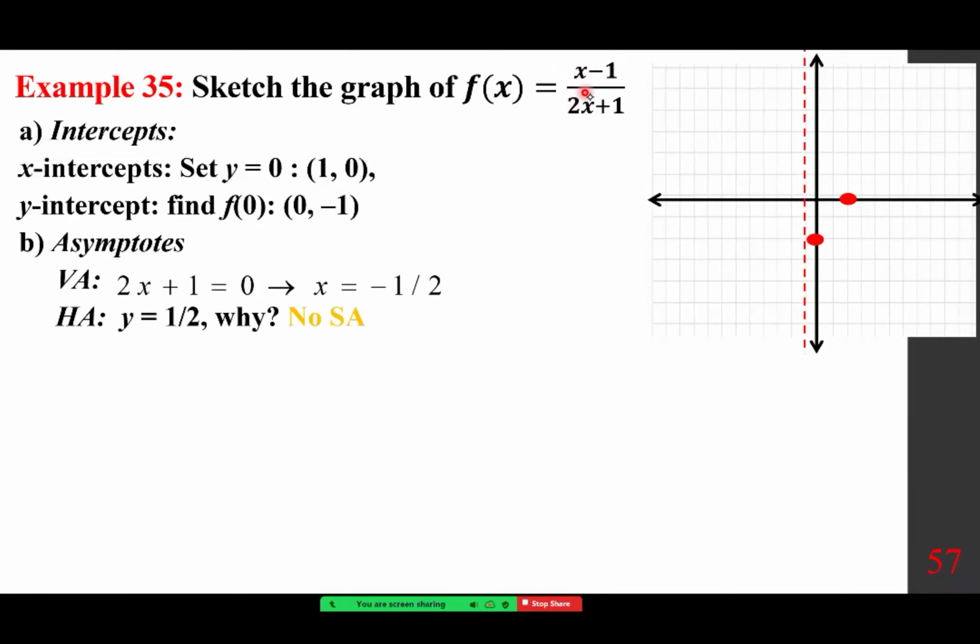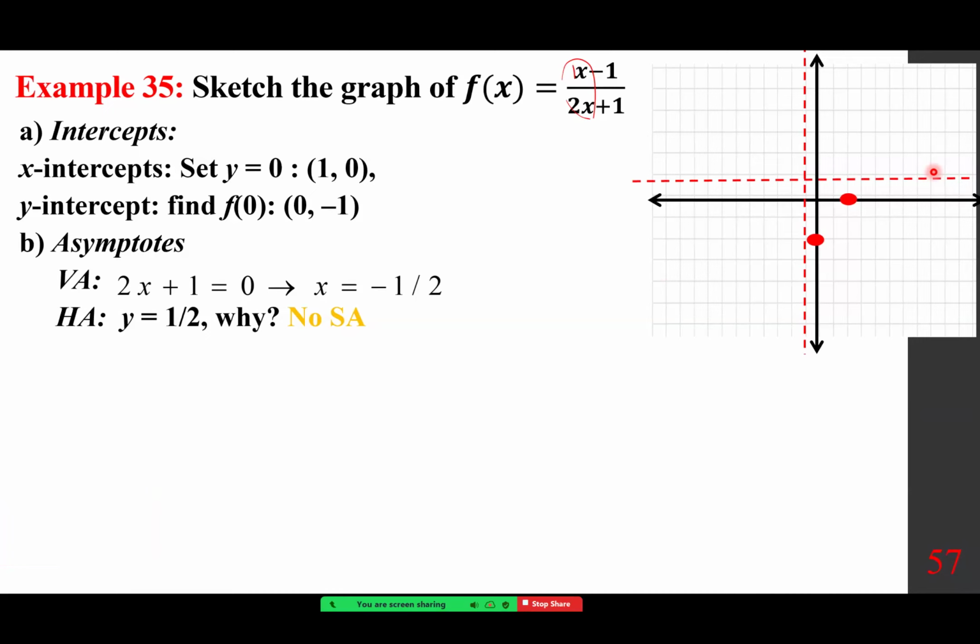Because we have a horizontal asymptote, we don't have a slant asymptote. We have only one of them, class, not both. So y equals 1/2 because in essence, this is 1 over x over 2 over x. They have the same degree. So y equals 1/2 is a horizontal line.